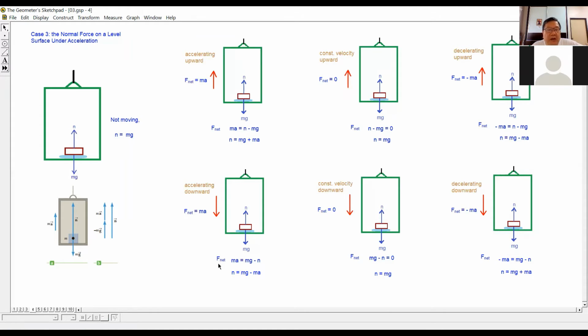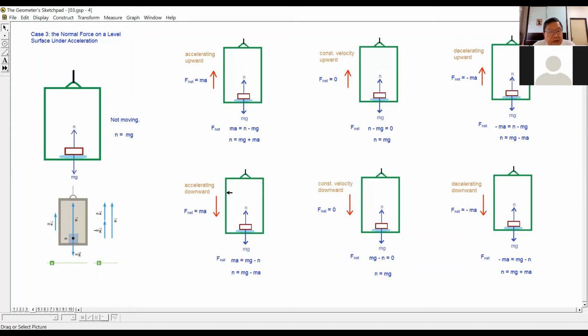Now in the first case, if it is accelerating downwards, the net force equals ma. So ma equals the weight minus the normal force. We make the normal force the subject of the formula. Move the N over, it becomes positive N. The ma moves over to the right hand side, so we have mg minus ma.